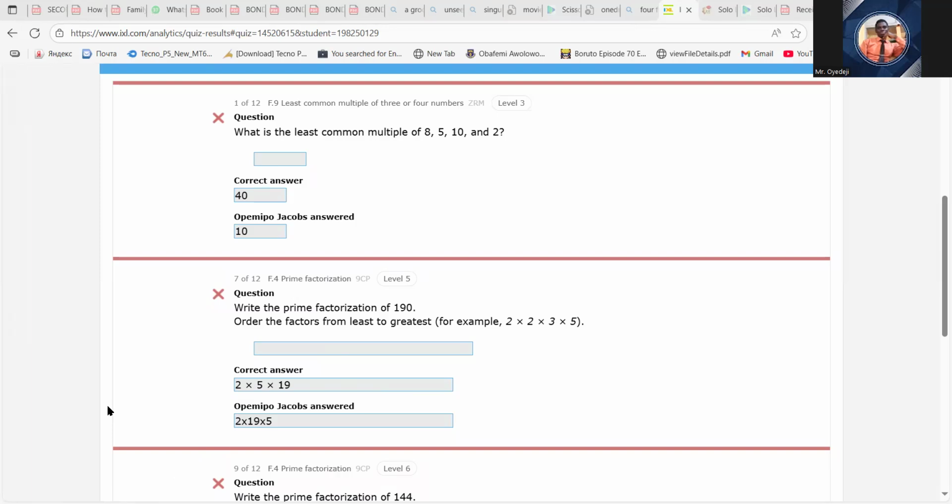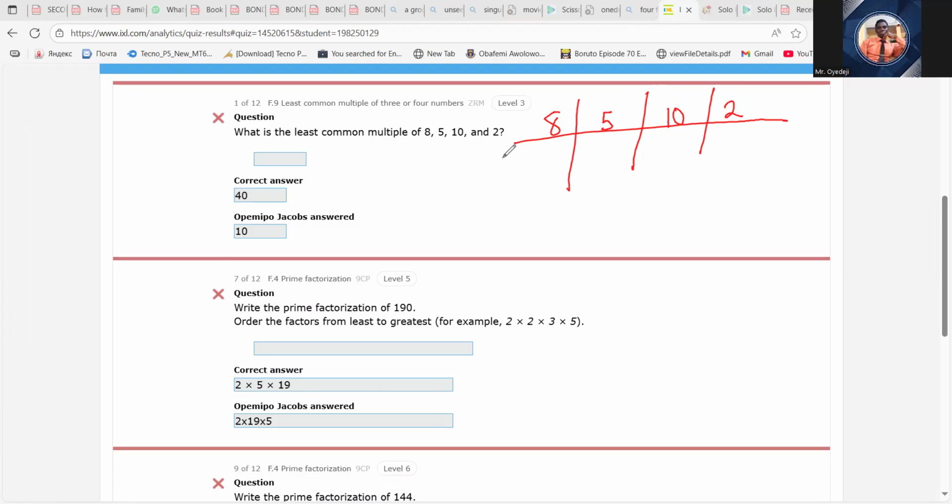Now we have 8, 5, 10, and 2. All we have to do is look for their factors, the numbers we can multiply to make them, and break them down as small as possible.